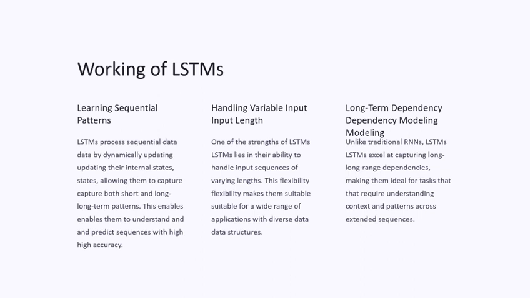One of the strengths of LSTMs lies in their ability to handle input sequences of varying length. This flexibility makes them suitable for a wide range of applications with diverse data structures.